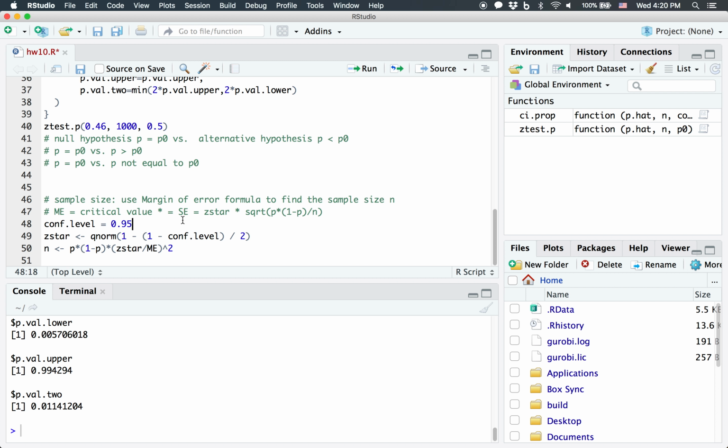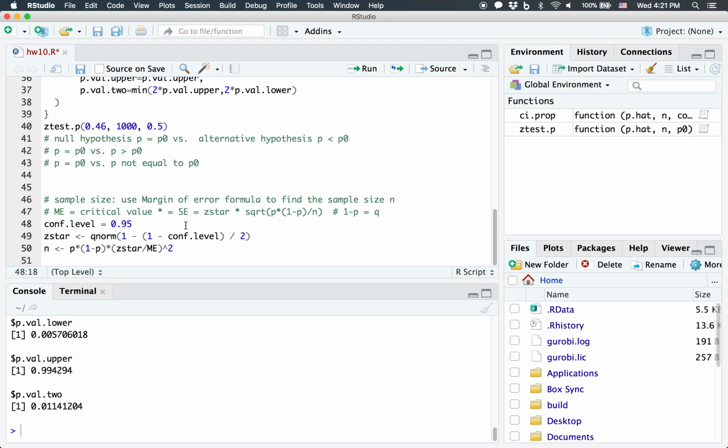We can define the critical value as some z star, and the standard error of proportion as the square root of p times 1 minus p divided by n. Usually we write 1 minus p, sometimes we write this as q. Just for your information.